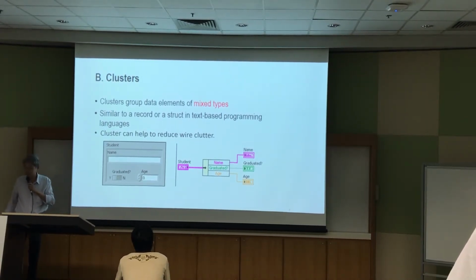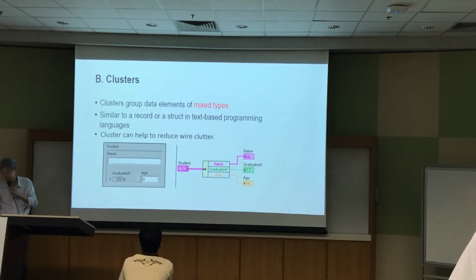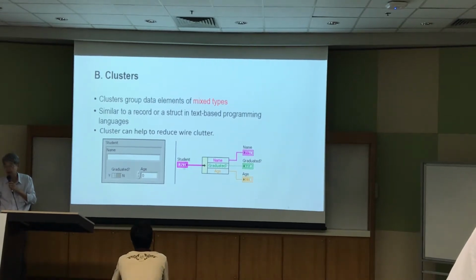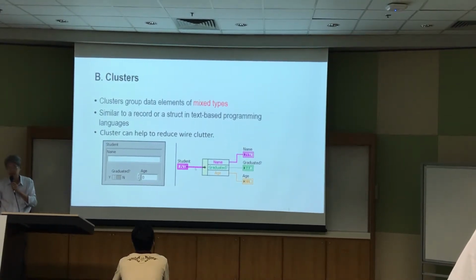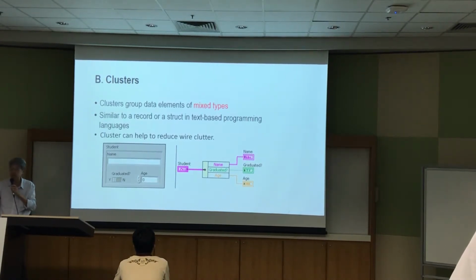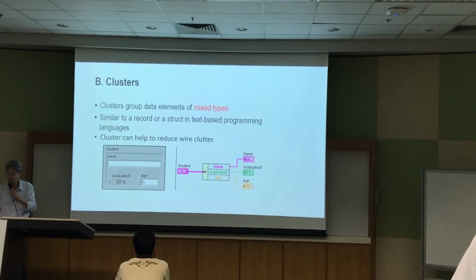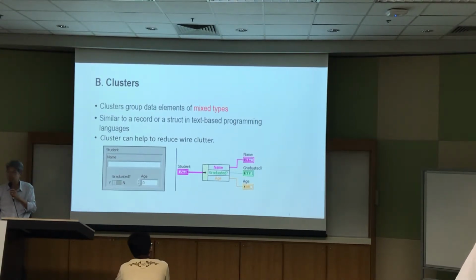Of course, cluster handling is a bit different from arrays. You need to put them together. First, when you create a cluster, it's all in one block, everything is in one bundle. But with one bundle, you cannot individually access those items and make manipulations or changes. So you need to use a function like this called the unbundle function.